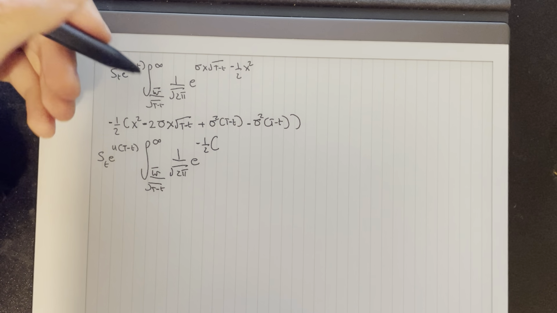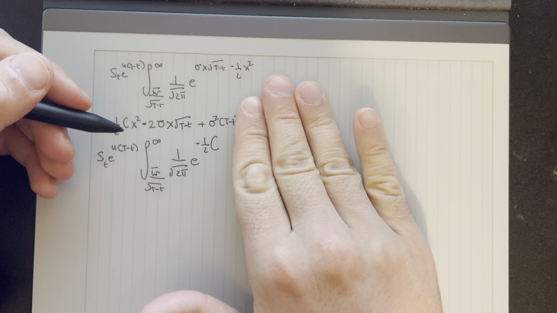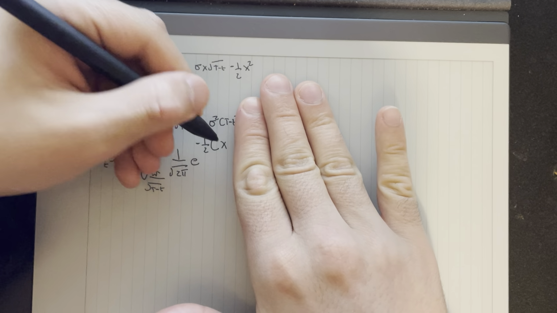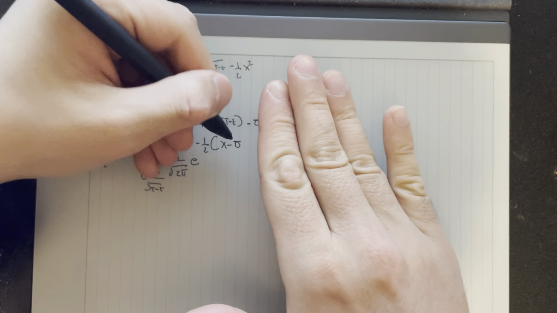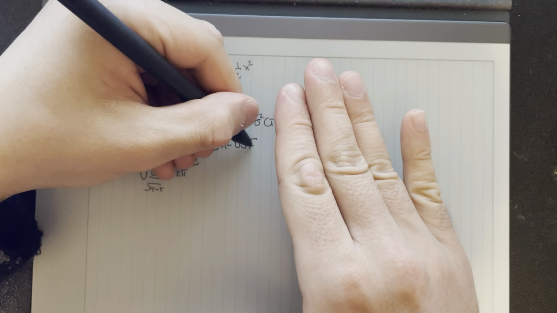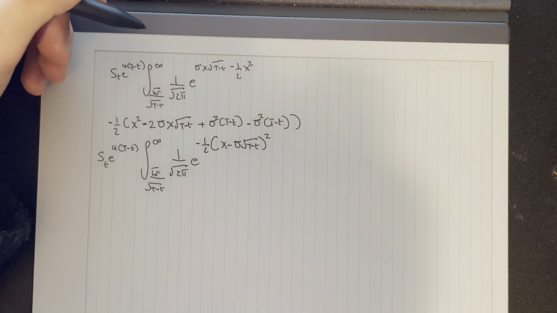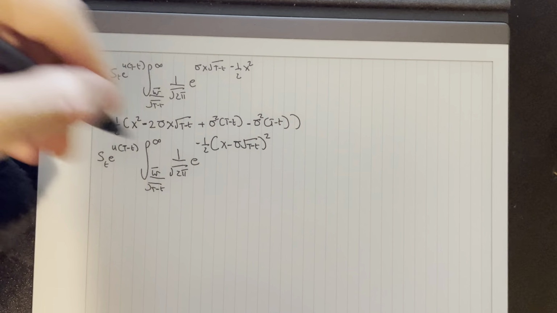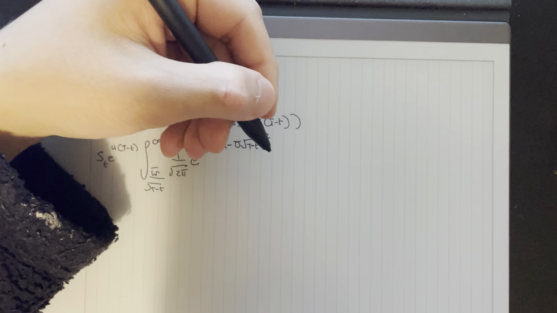And focusing on this part of the equation, we can simply realize that this is a square. So we can simply have this as equal to x minus sigma multiplied by the square root of T minus t, all squared. And we are left with this component, which we took out of the negative half.